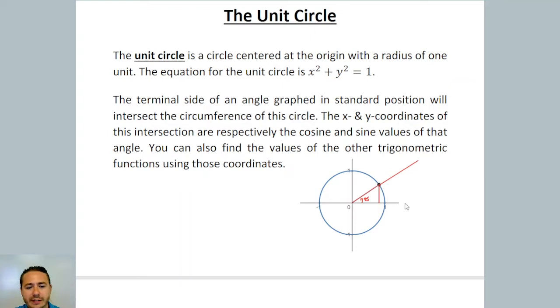What's really nice about this is the x and y coordinates of where that terminal side hits the unit circle are equal to the cosine and sine values of that angle.